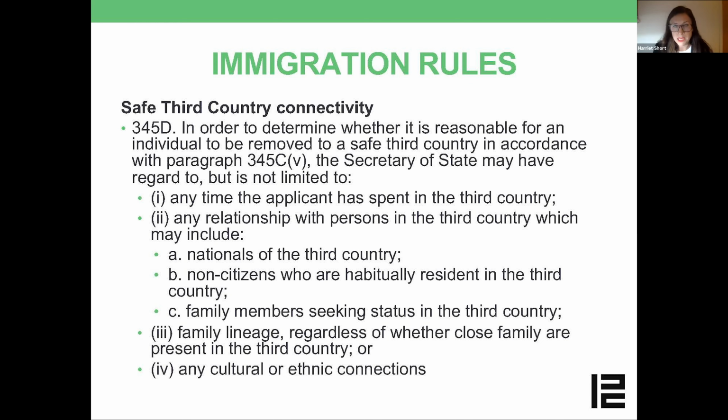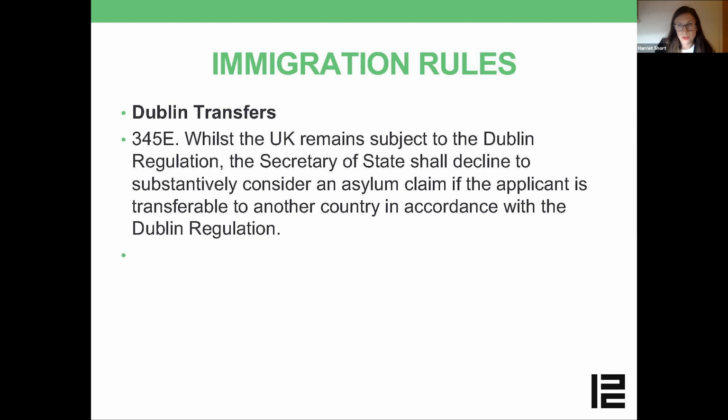Both 345B and 345C have a requirement that the person will be admitted, and that obviously requires an agreement, and that's why a regulation like Dublin is so important. Just to add on, 345E is the Dublin rule, which will no longer apply. I just wanted to show you it because it's going to be relevant later.